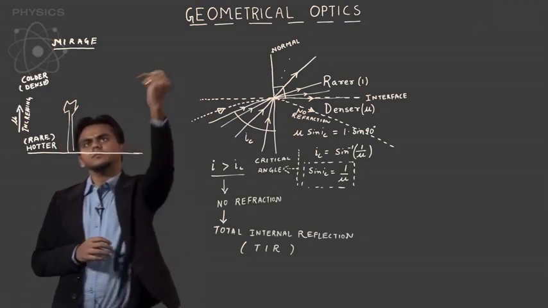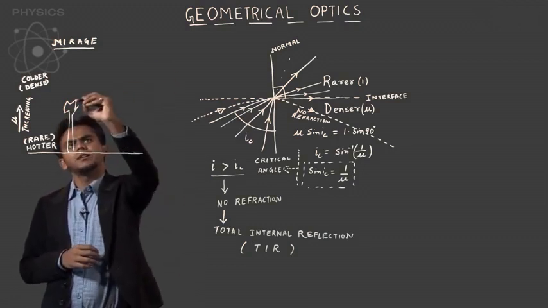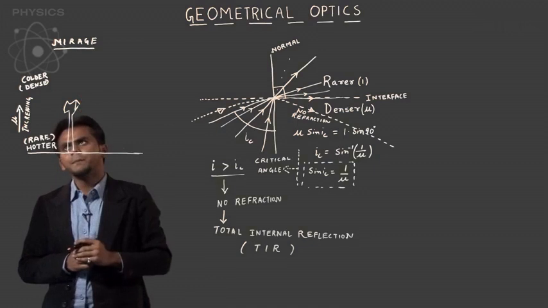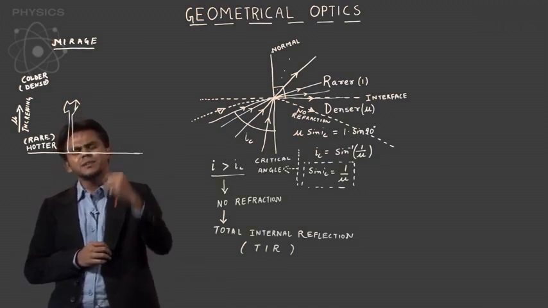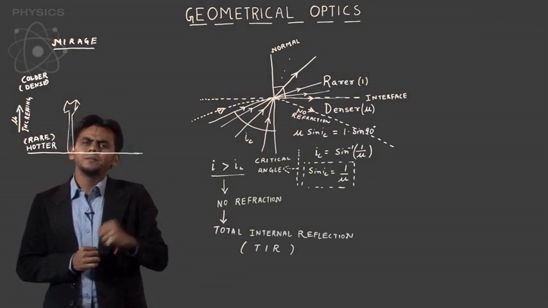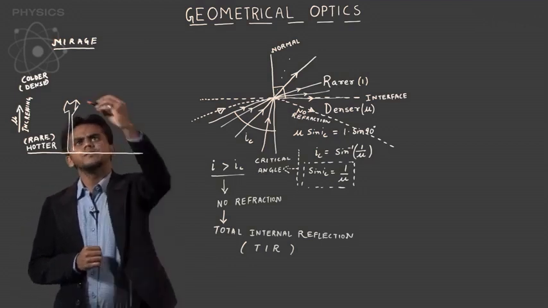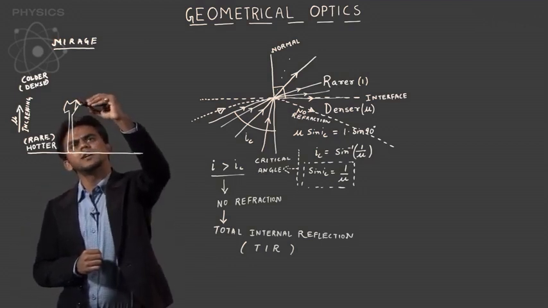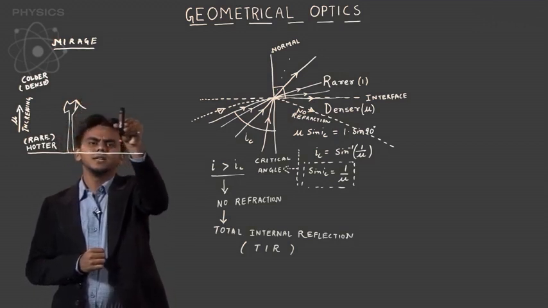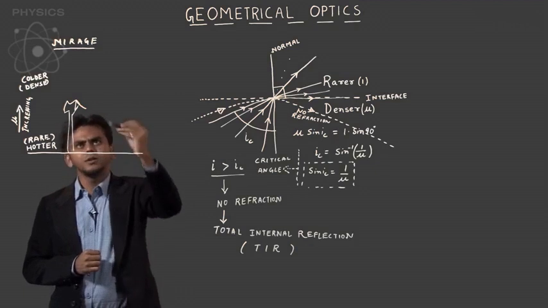Now, if a ray of light comes from here, as it goes below, it finds a rarer medium, which means it would bend away from the normal, which means it would gradually curve like this, because the normal would always be vertically downward.